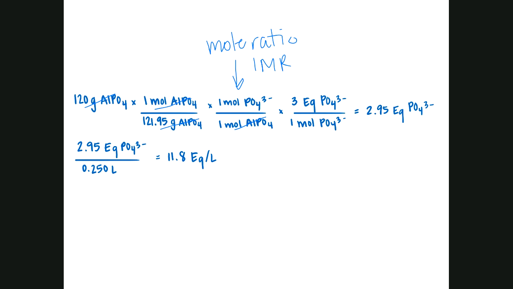And then we know that our next step in a stoichiometry problem is to convert out of moles and into whatever unit the question asks for. So this question asks for equivalence. As we just saw before, we need to pay attention to the charge. So here the charge is 3. Again, the negative doesn't matter. So that means that for every 1 mole of phosphate, we have 3 equivalents of phosphate. So our moles of phosphate cancel out, and after we go through and do our math, we end up with 2.95 equivalents.